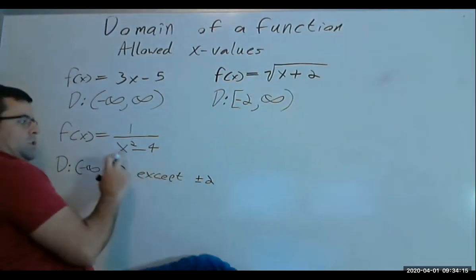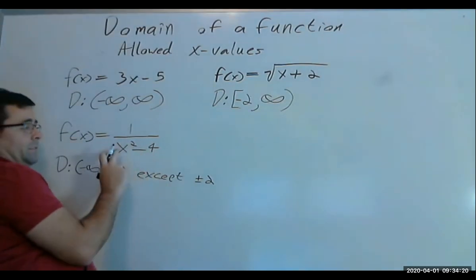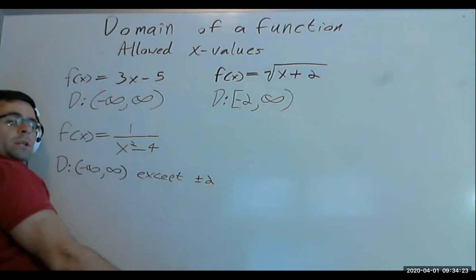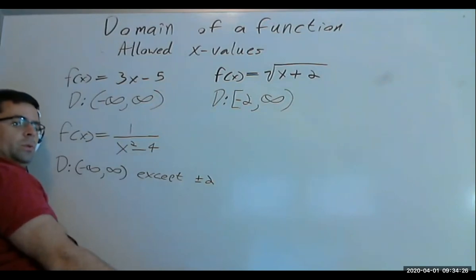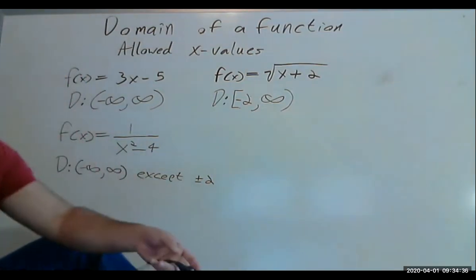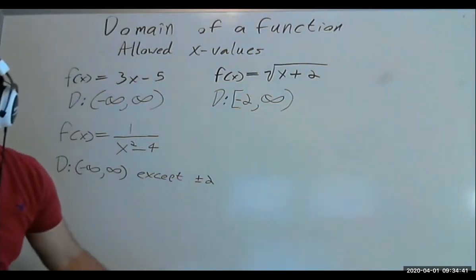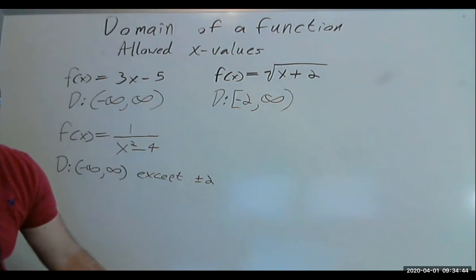If you put 2 right here, you get 4 minus 4. If you put -2 right here, you get 4 minus 4. So you can't put -2 or +2 because that would break this equation, because you can't divide by 0. So this is the kind of idea that you have certain values of x that you can't really use.